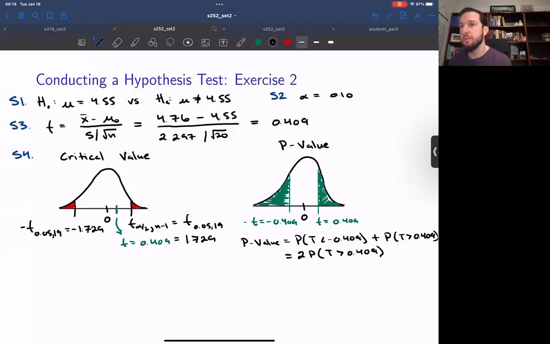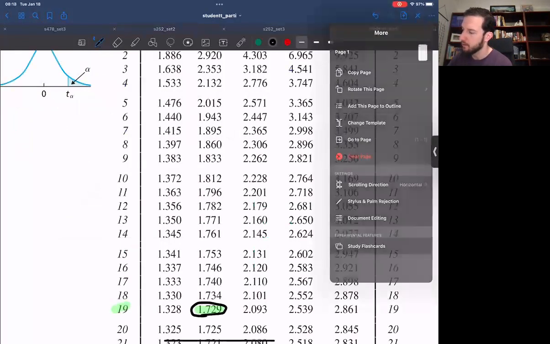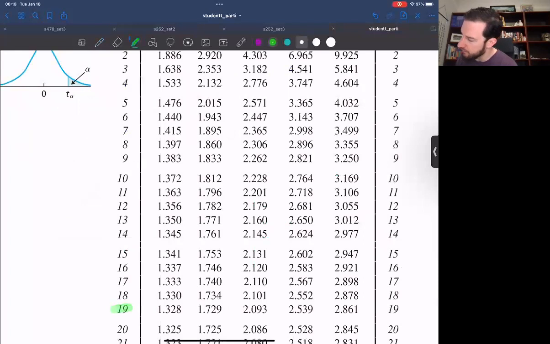So now what we can do is we go to our t table and we are going to isolate the degree of freedom line that's of interest to us. Okay, so we have 19 degrees of freedom in this case. And the next thing that we do is we move across this line and we look for where that t value is going to fit in. So the test statistic that we computed on step 3. In this case, we don't have to look very far because we can see that 0.409 is going to be smaller than the very first value listed on this degree of freedom line.